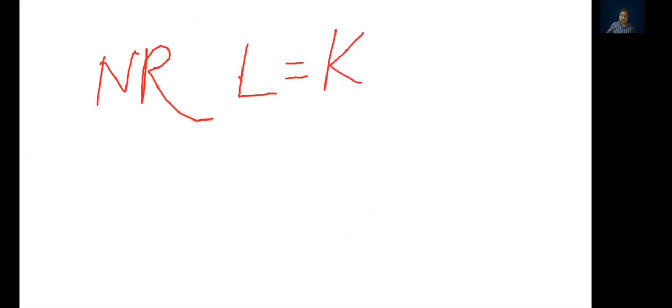Also, regarding the Lagrangian, in a non-relativistic case, you can always write L is equal to the kinetic energy minus the potential energy. Now, in the non-relativistic case, it is okay.